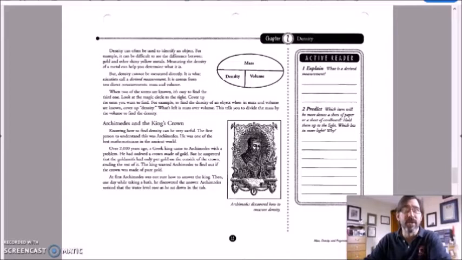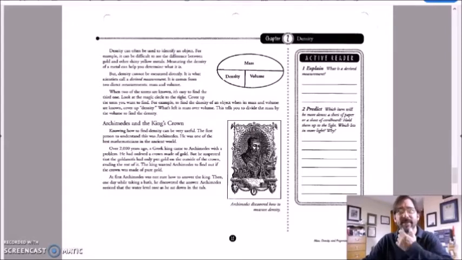Over 2,000 years ago, a Greek king came to Archimedes with a problem. He had ordered a crown made of gold, but he suspected that the goldsmith had only put gold on the outside of the crown, stealing the rest of it. The king wanted Archimedes to find out if the crown was made of pure gold.